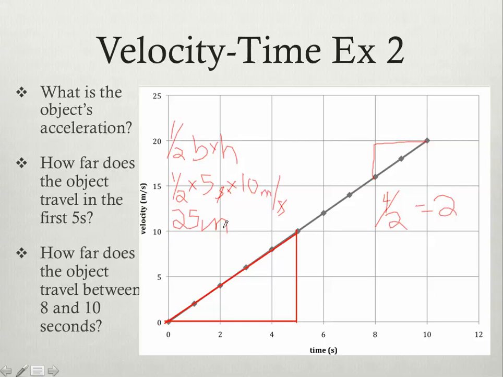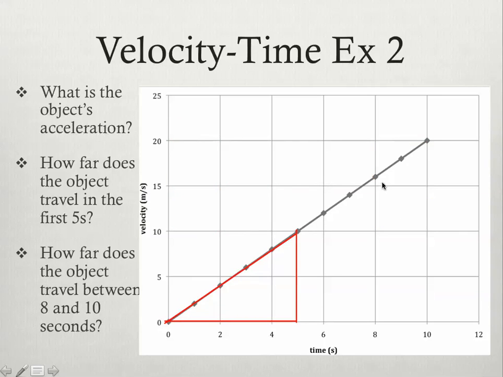Let's look at the last question. It says, how far does the object travel between 8 and 10 seconds? In order to make this a little bit easier, I'm going to clear off the writing so far, so we can draw these lines just to kind of show it to ourselves a little bit more easily.